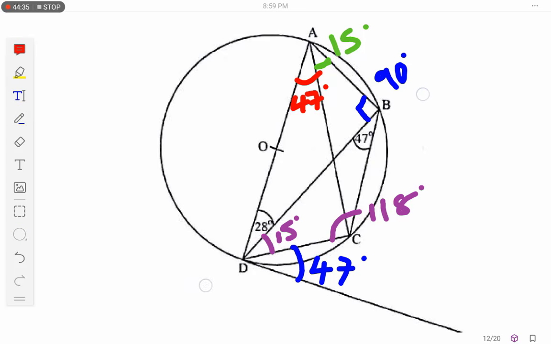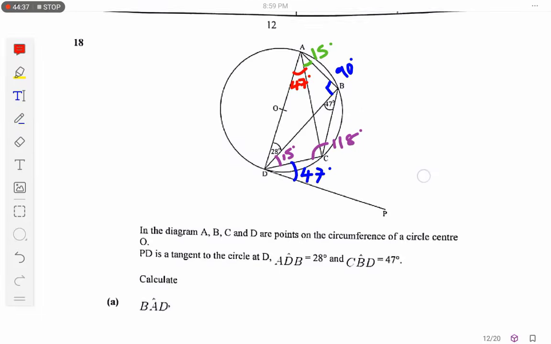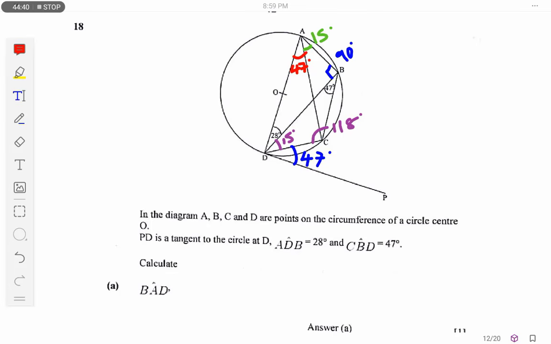Now let's go to the question and see what we can answer. The first part is saying BAD. So I'll add 15 plus 47. So that's 47 plus 15, and I'll get 62 degrees.